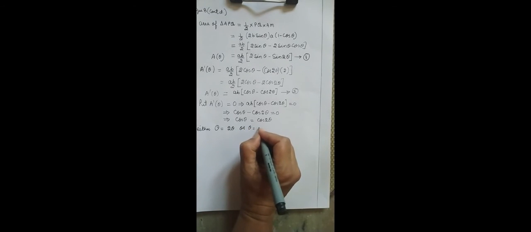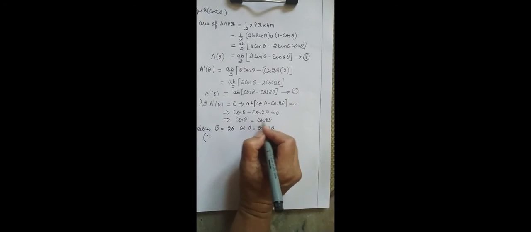Now cos theta is equal to cos 2 theta will give me the result that either theta is equal to 2 theta, or theta is equal to 360, that is 2 pi minus 2 theta. Now how will it happen? Because this is a positive quantity, so cos theta is positive in first quadrant and in fourth quadrant.